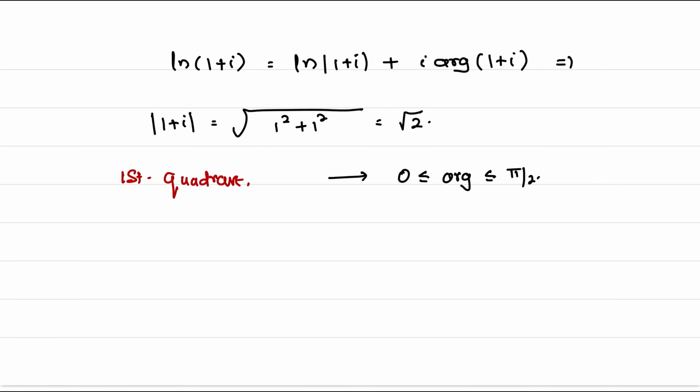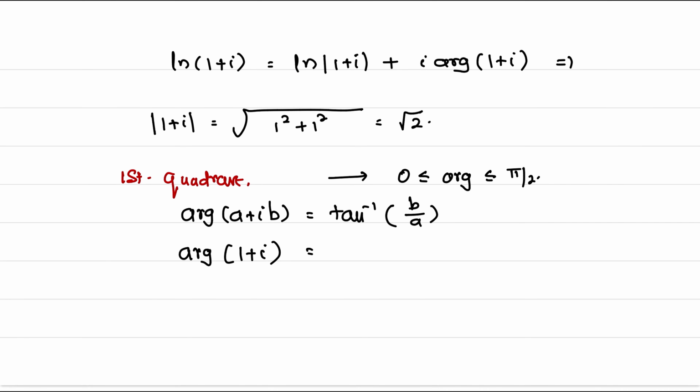Now, in the first quadrant, what is the argument theta of 1+i? In general, the argument of a+ib is equal to tan inverse of b by a.